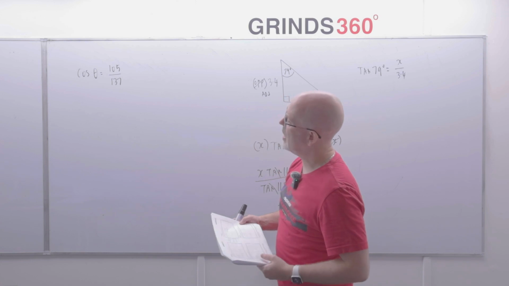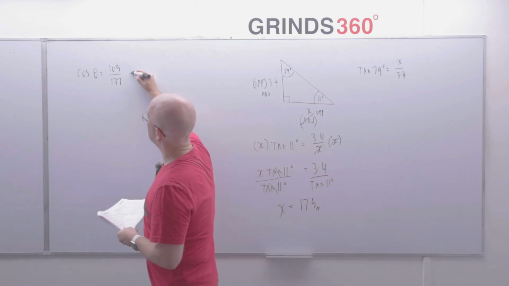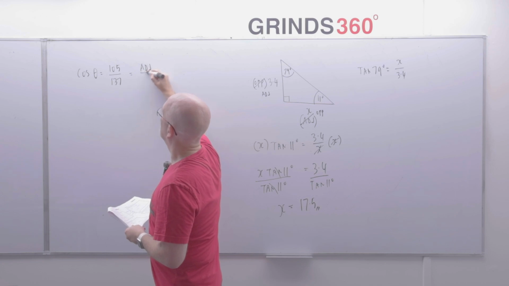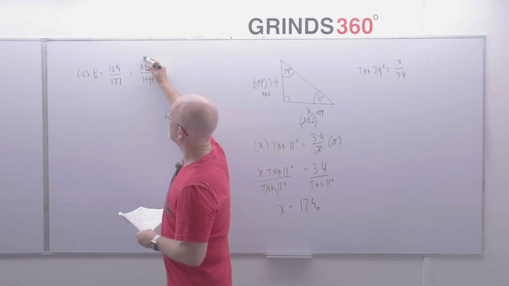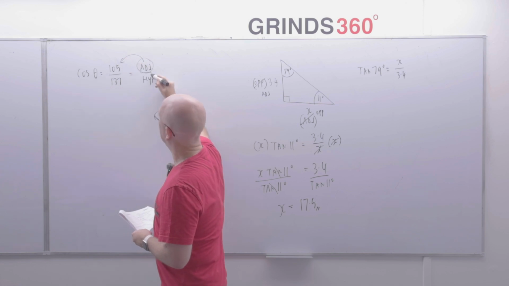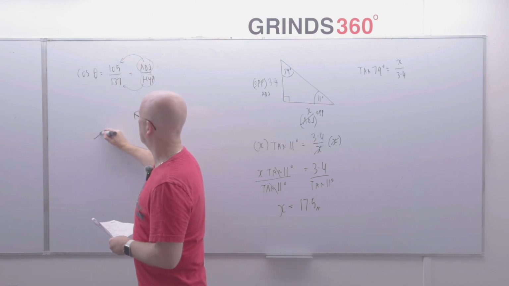So remember, cosine is adjacent over hypotenuse. So I now know that in the right angle triangle we're dealing with, the adjacent is 105 and the hypotenuse is 137. So what does that triangle look like?